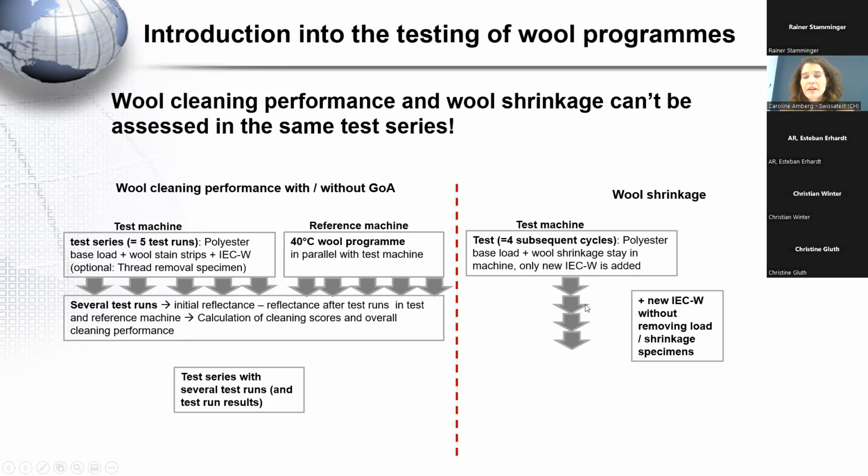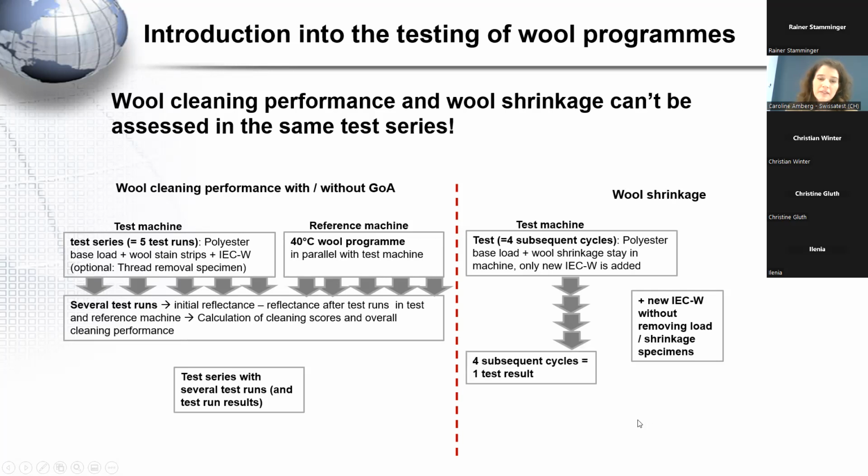So you start with cycle 1, add the load, the wool shrinkage specimens, and the detergent. Then you run this first test run, and then you leave everything in the machine, the load and the shrinkage specimen. You just add new detergent and you go on.